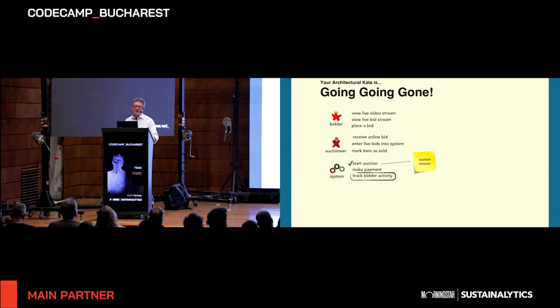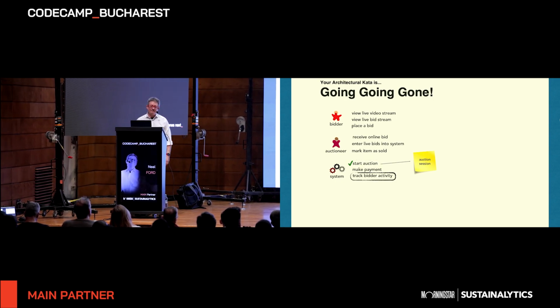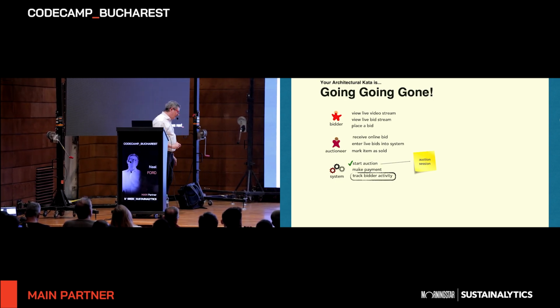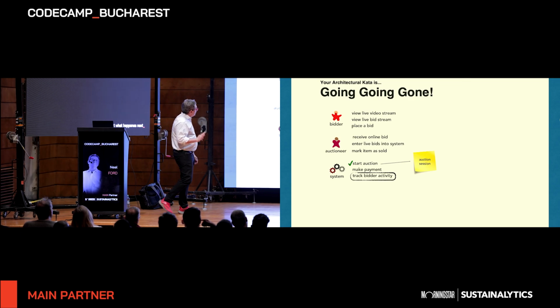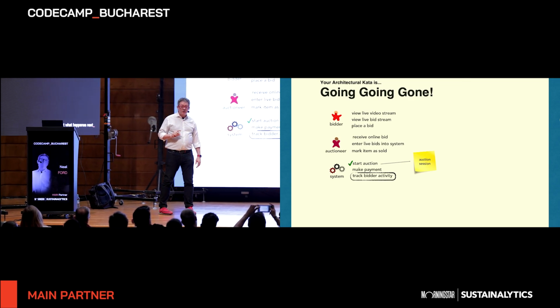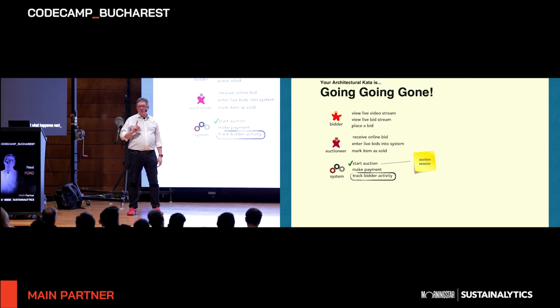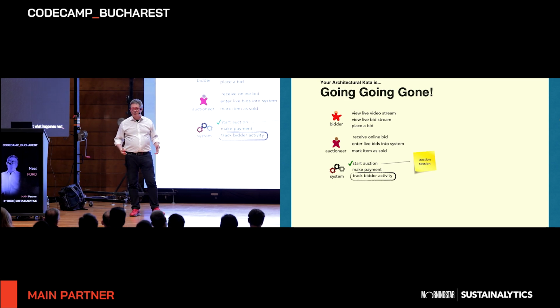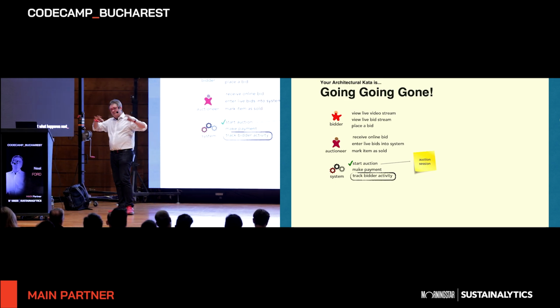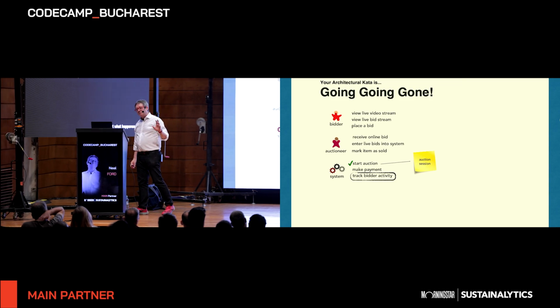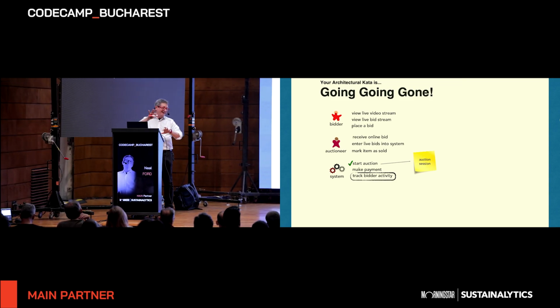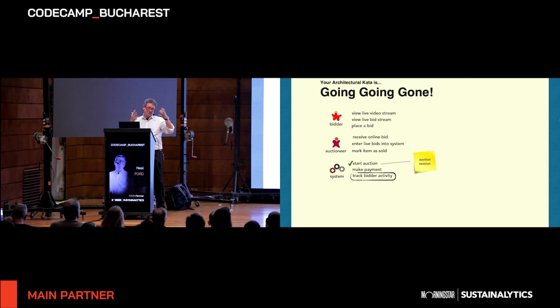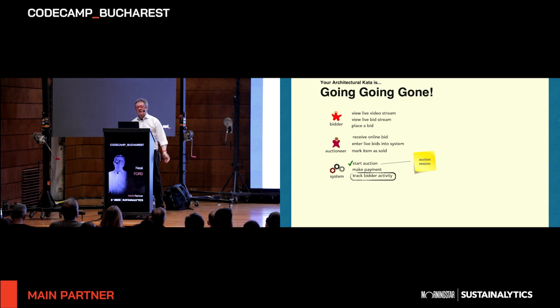So let's look at track bidder activity. Do I already have a component that can handle that? Well, you could argue that auction session could handle that, but we would very quickly find out that every single thing here goes in auction session, and we've built a big giant God component, and that's not what we want to do. So you're actually better off going finer grained here and then consolidating than to start consolidating too early in this process.